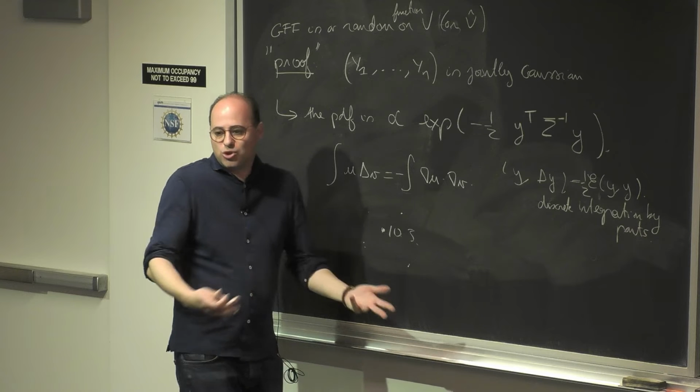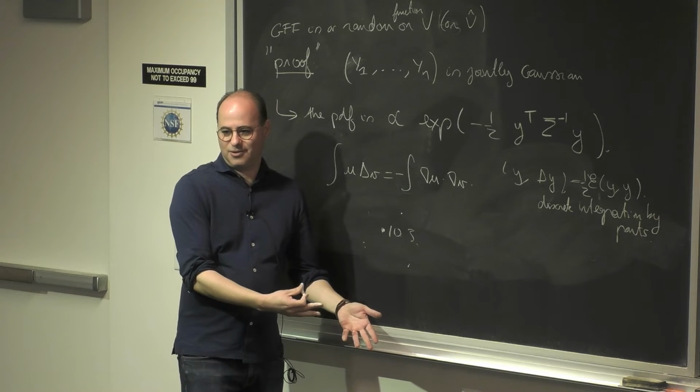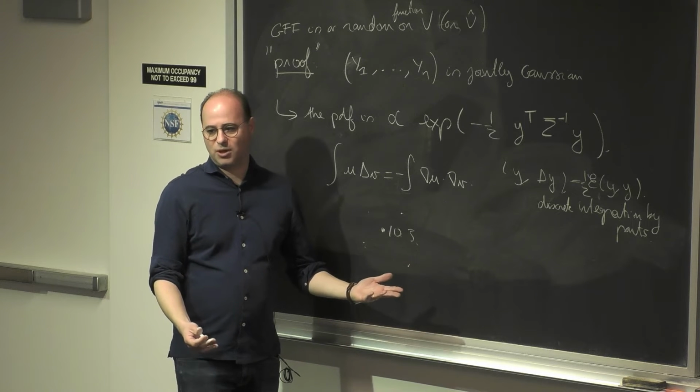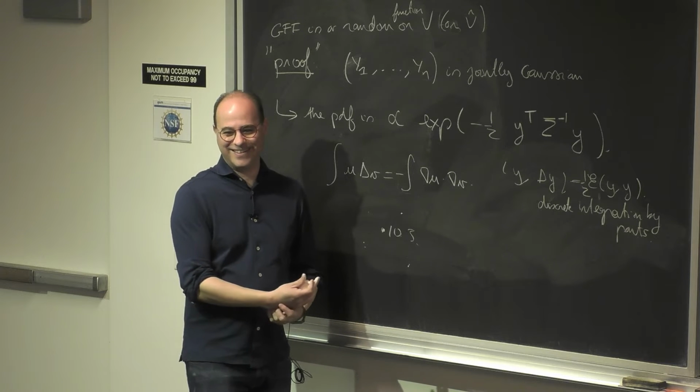So although it's almost surely not a harmonic function, it tries very hard to be harmonic. But it doesn't succeed in being harmonic. We will see in the continuum, it doesn't even succeed in being a function. But it tries.